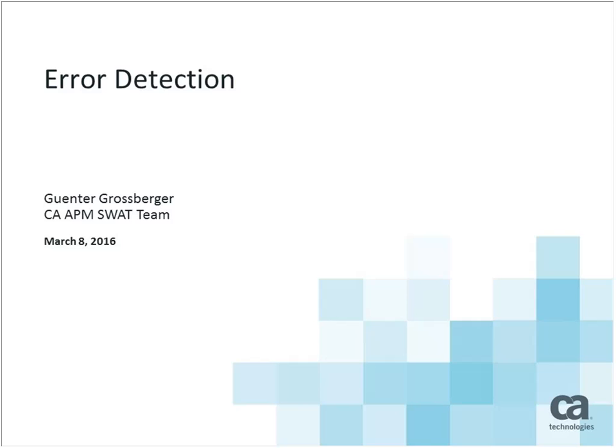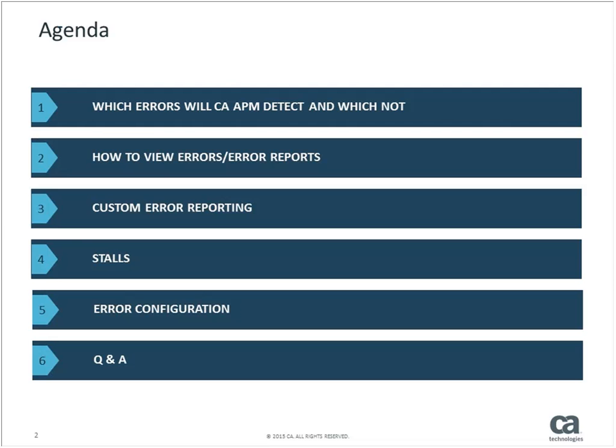So this call we'll try to keep as short as possible, so it will not go the full hour. The agenda for today is, first, which errors will CA APM detect and which not, then how you're gonna see those errors that we do detect, and how you can add your own errors, so customize the error reporting so that errors that we don't catch out of the box will show up.